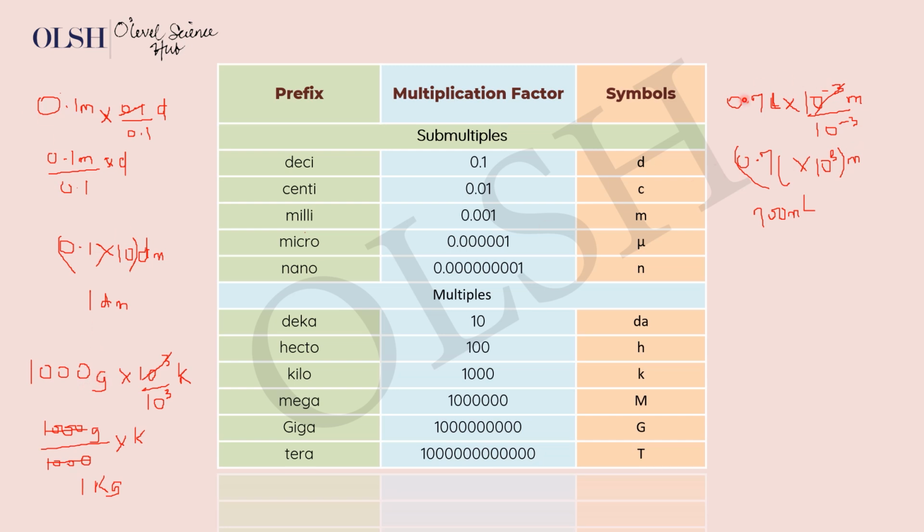You can look at 0.7 liters and know this is 700 milliliters, because if you multiply this by 10 raised to power 3, or you divide this by 10 raised to power minus 3, which is the milli, you're going to have 700 milliliters. Do you get? So with time, with practice, you're going to get used to just looking at them and knowing what the answer will be if you try to impute any of the prefixes.